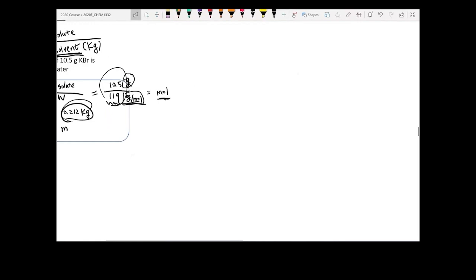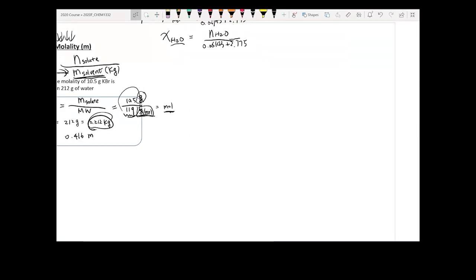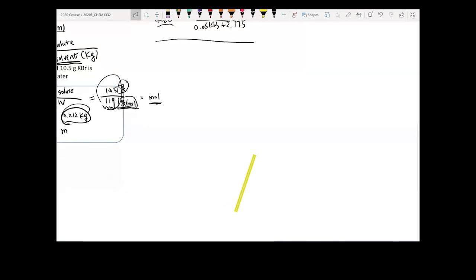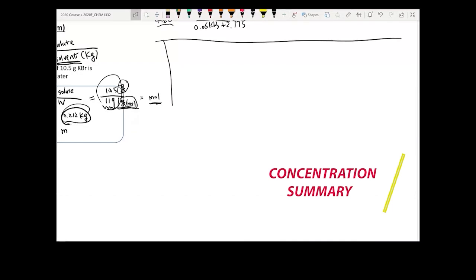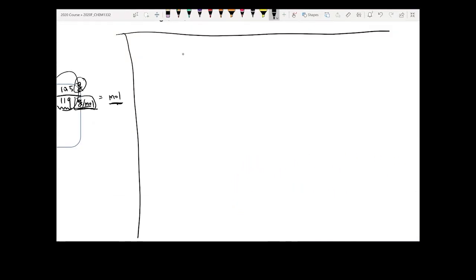That's all the concentration terms that you need to know. Let's have a quick summary. We know a solution is composed of your solute and your solvent. The mass of your solution equals the mass of your solute plus the mass of your solvent.